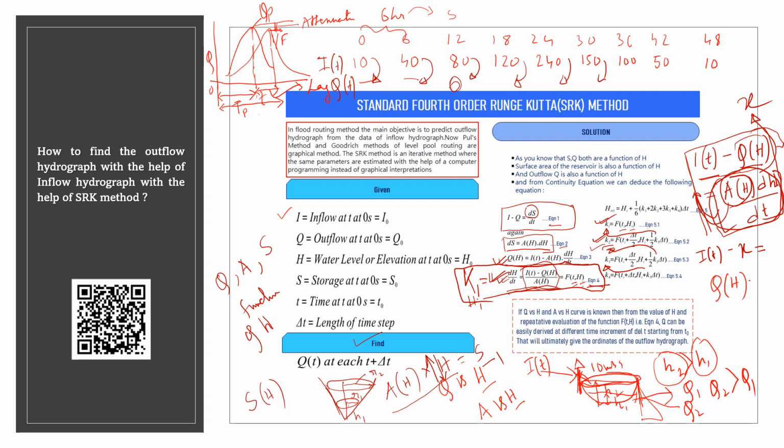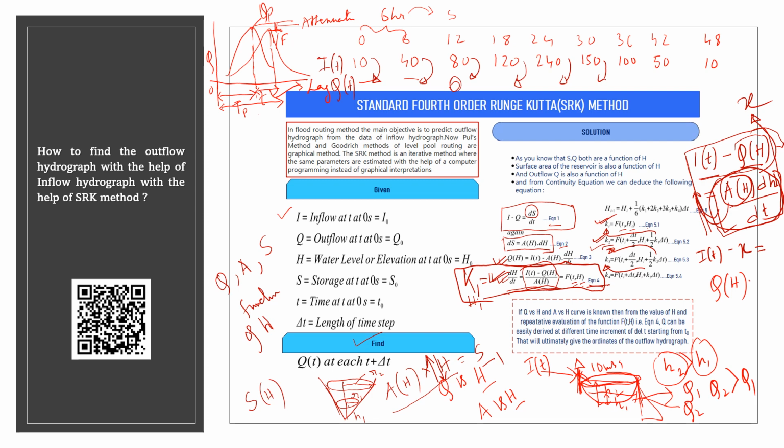Then equation 4, which is a function of t and H, instead of t, it will be ti plus del t by 2. And instead of H, it will be Hi plus half k1 del t. So this change will just happen. t and H will just change.